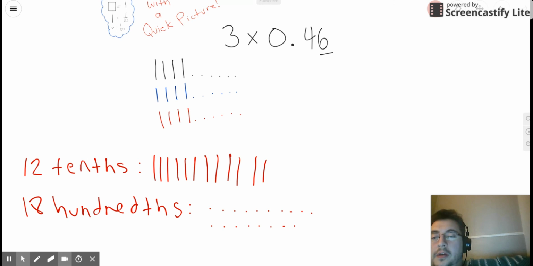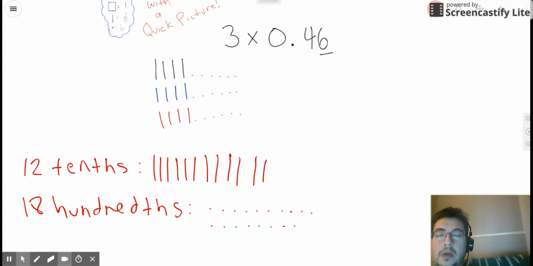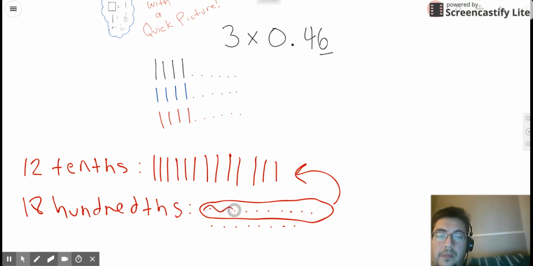Starting in the hundredths, I do have at least 10 hundredths pieces. And I can trade these 10 hundredths in for 1/10. I'm going to cross these out so I don't accidentally reuse them.